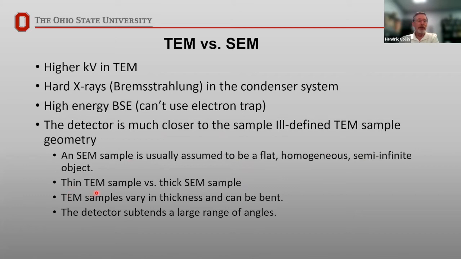So a TEM sample, in order to get the electrons through it, is of necessity very thin and can vary in thickness. Also, when they're so thin, they may be bent, and that can also affect the emission of X-rays. Since your detector is so close to the sample, it subtends quite a large range of angles, so you don't have a nice fixed takeoff angle like you do in SEM.